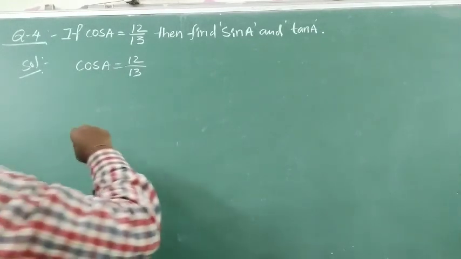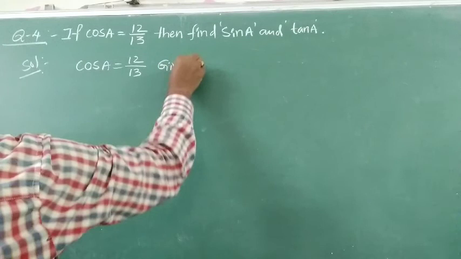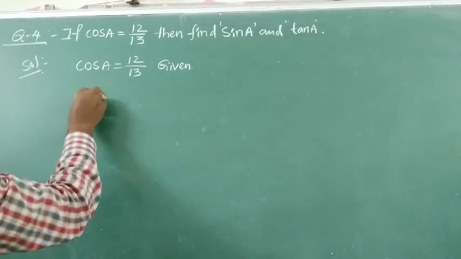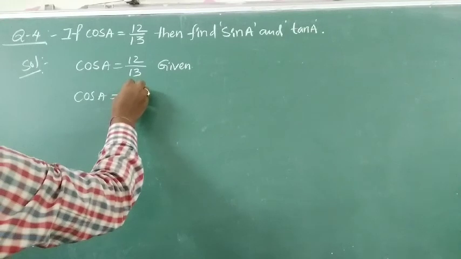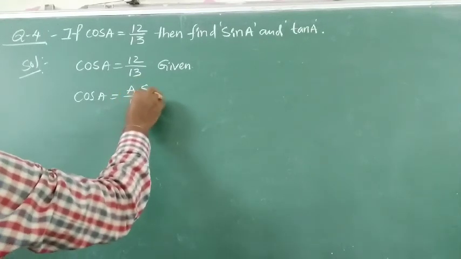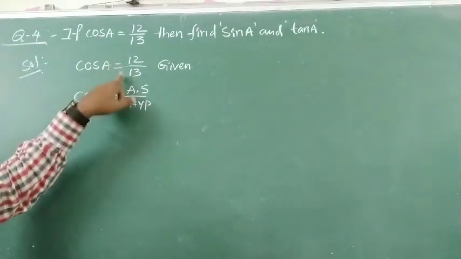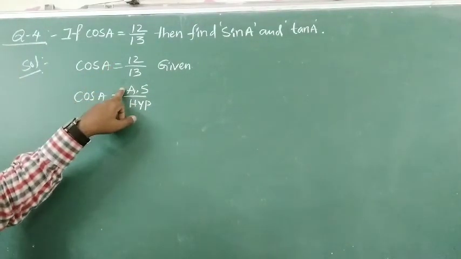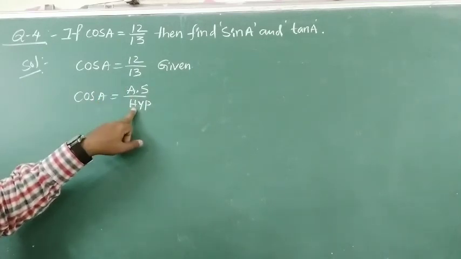So cos A is 12 by 13 given means what? We know cos A is the ratio between adjacent side to hypotenuse, known as cos theta. So 12 by 13 means the ratio between adjacent side and hypotenuse.